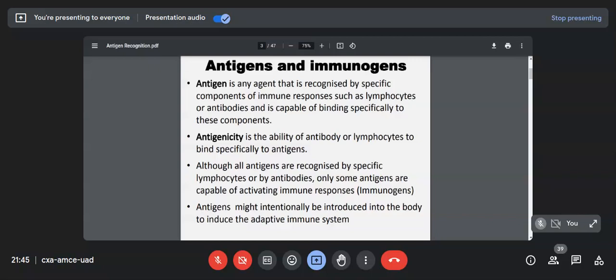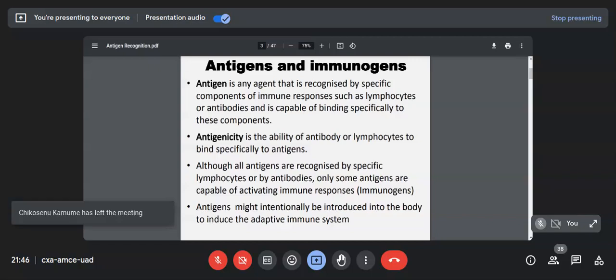And when it induces an immune response, that's when you get the process of phagocytosis and other processes that we talked about some weeks ago. So in short, all immunogens are antigens, but not all antigens are immunogens.